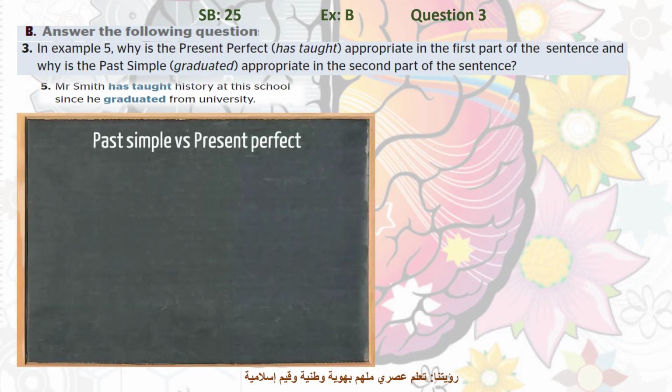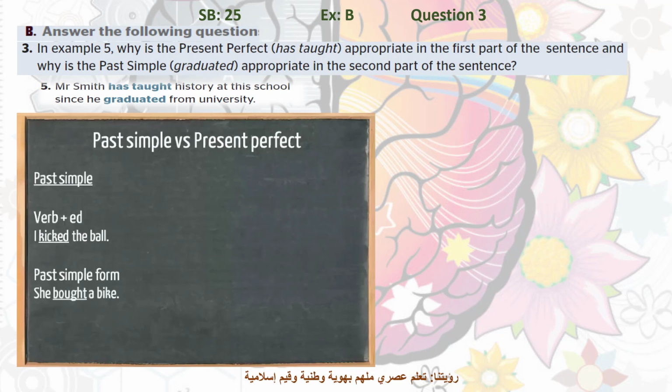Now first we're going to take a look at how to form a past simple and how to form a present perfect. For the regular verbs, we take the infinitive form of the verb and add ed for the past simple. For example, I kicked the ball. For the irregular verbs, we use the unique past simple form. For instance, she bought a bike.